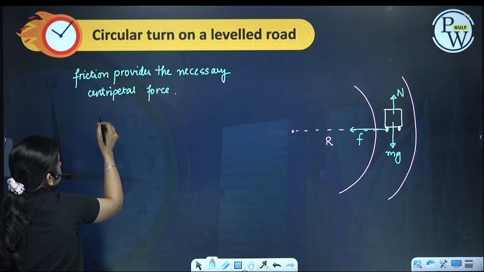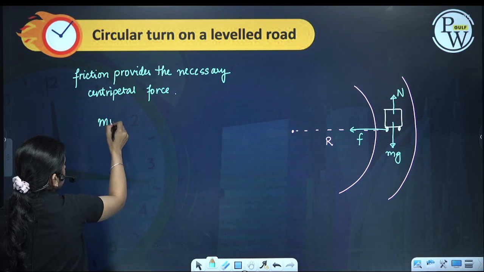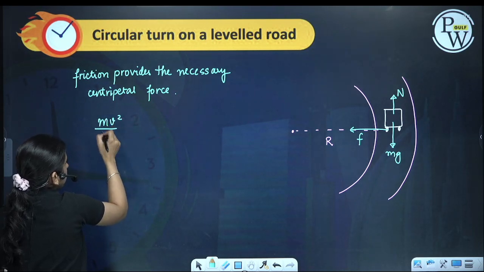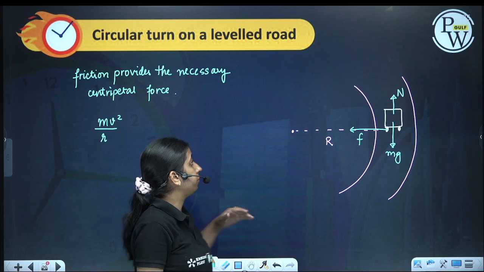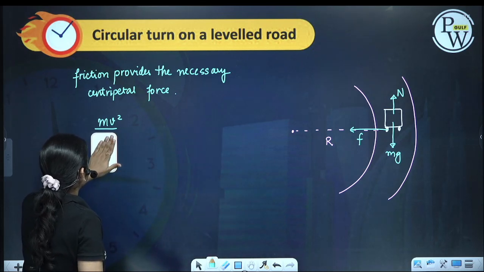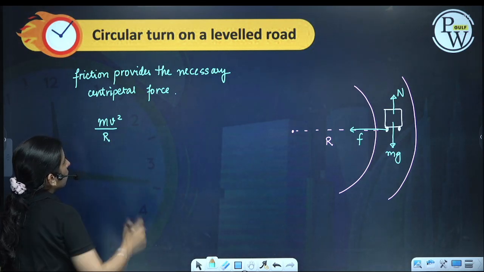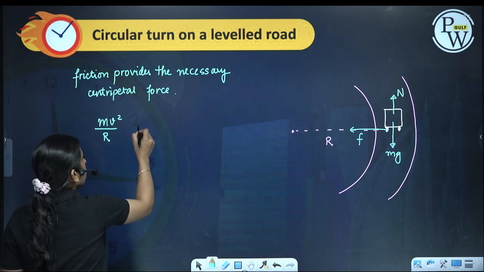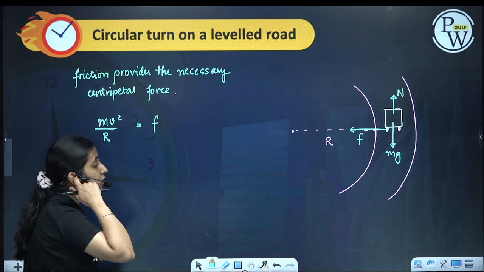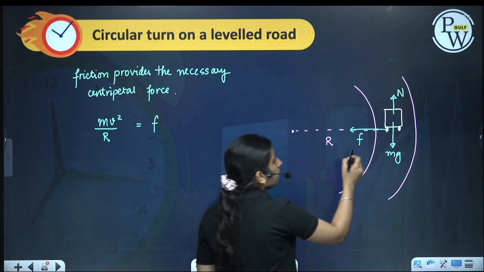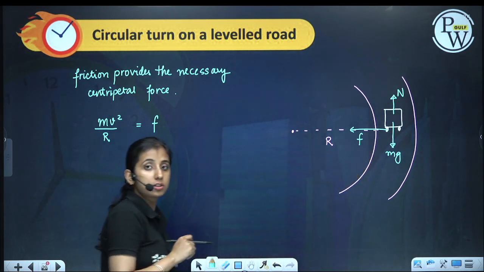It means centripetal force, if the body is moving with speed v on this curve of radius r, will be mv square by r. This is equal to the frictional force. Now what can be the maximum value of this frictional force?